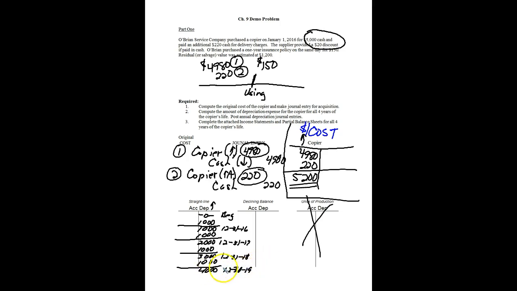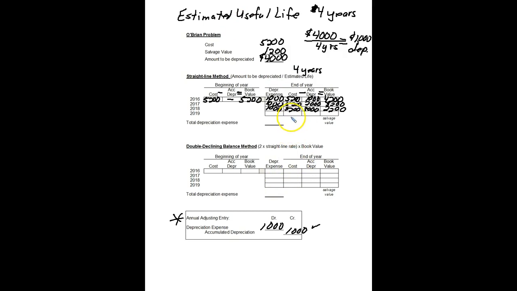So now on the balance sheet, we have cost of $5,200, accumulated depreciation of $4,000. So cost did not change. Notice it's always $5,200, but the amount of accumulated depreciation will always grow. And now we have a book value of $1,200. Also keep in mind, we would have depreciated or expensed another $1,000 on the income statement.